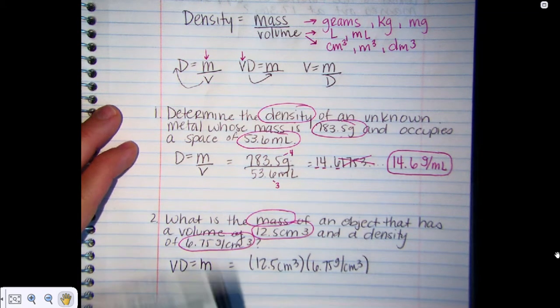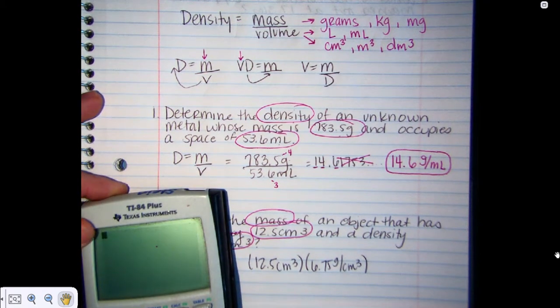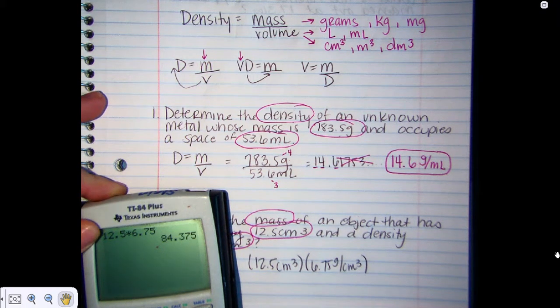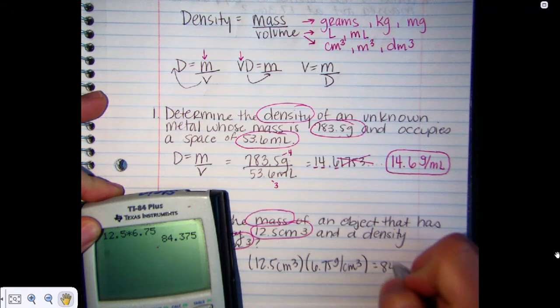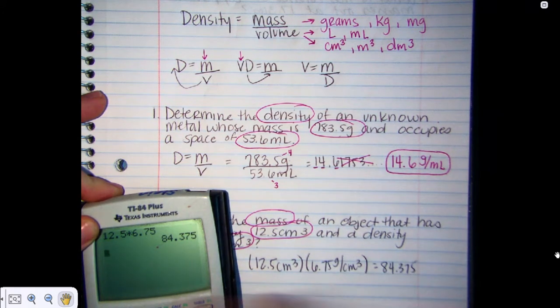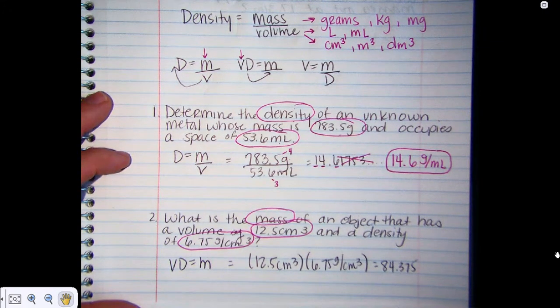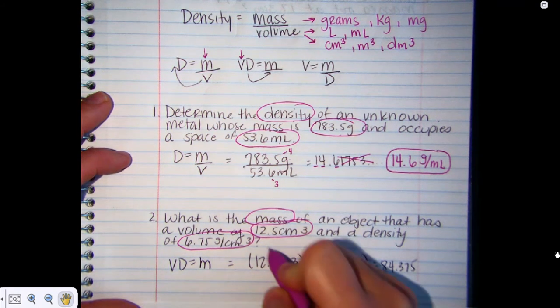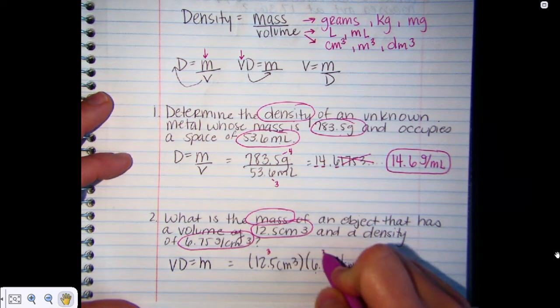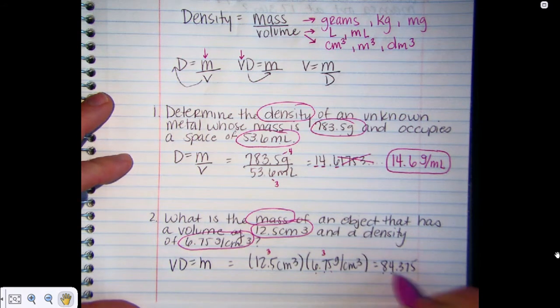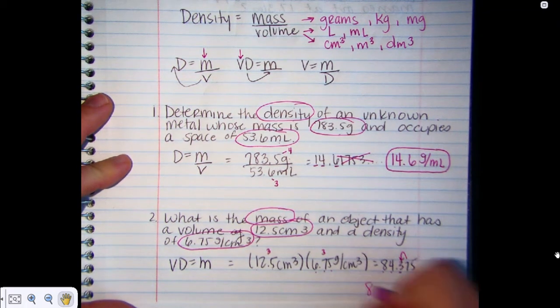All right, go to my calculator. 12.5 times 6.75 gives me 84.375. All right. Considering my sig figs, 12.5 has 3 and 6.75 has 3. So I'm looking at 3 sig figs, and in this case, the 7 does round this over, so it's going to be 84.4. Now let's talk about our units.